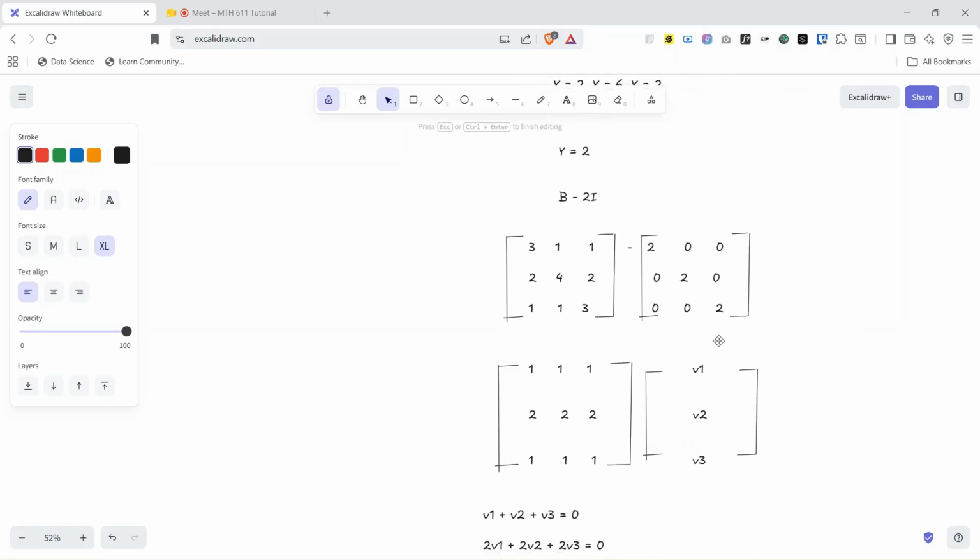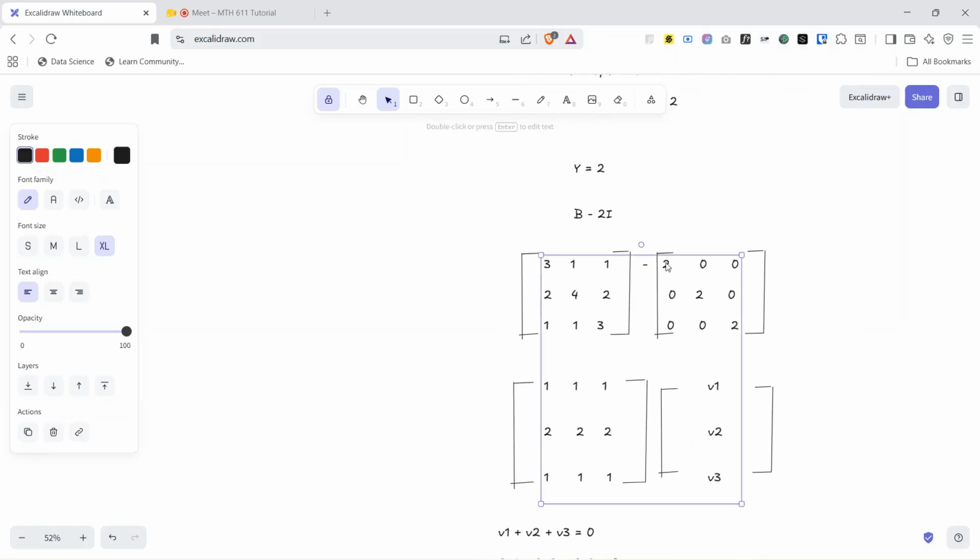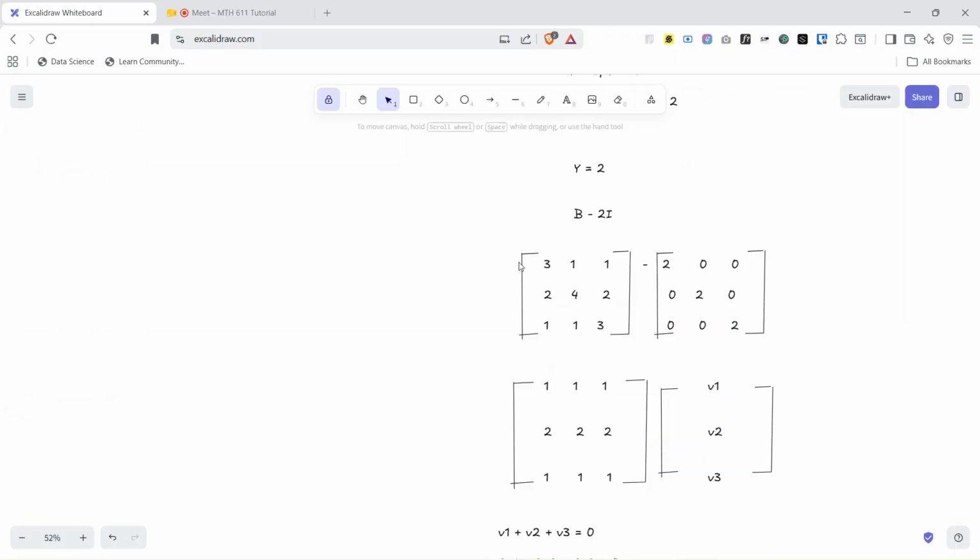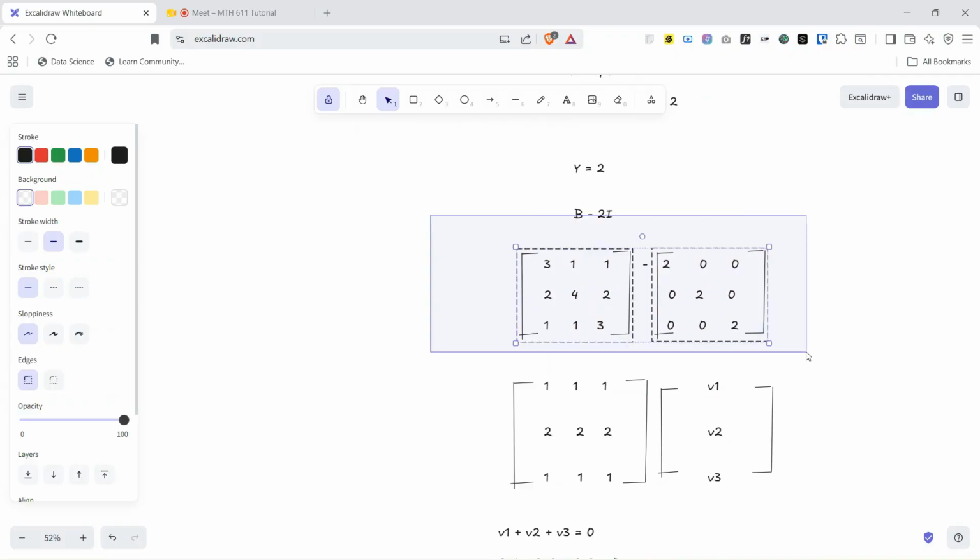So for when lambda is 6, let me just copy the same thing that I have here.